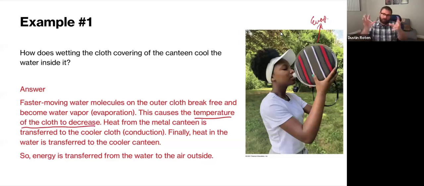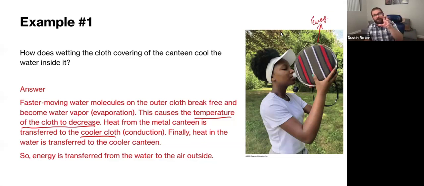Well, if we get a colder cloth around this canteen, that means the heat from the metal canteen will be transferred to the cooler cloth. Right now, those two things are touching, they're not liquids, so that means this is done by conduction. So we have a cloth that's being cooled down, which in turn will cool down the metal canteen.